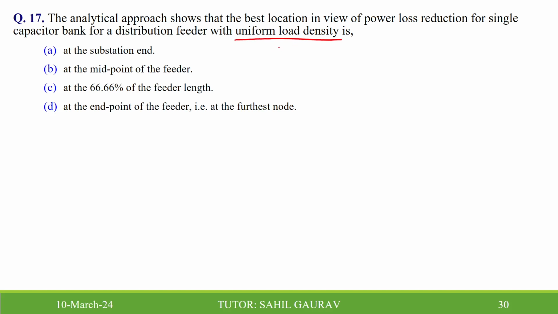Uniform load density means lambda is equal to I2 upon I1, so lambda will become 0.